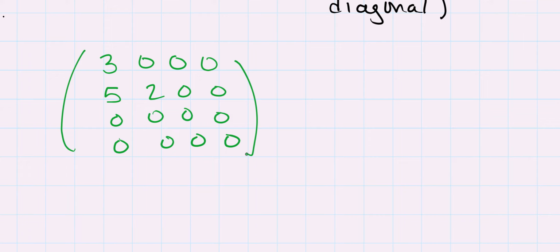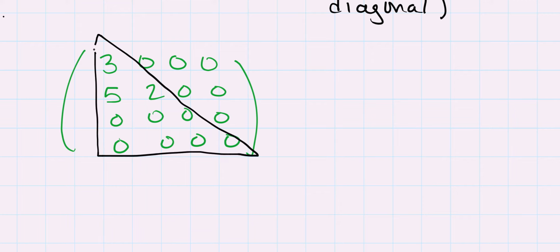The answer is yes. This is a lower triangular matrix. Notice that the only non-zero entries are on or below the diagonal. Everything above the diagonal is 0. So this is why they call it a lower triangular matrix, because it's triangular here and it's on the lower part.